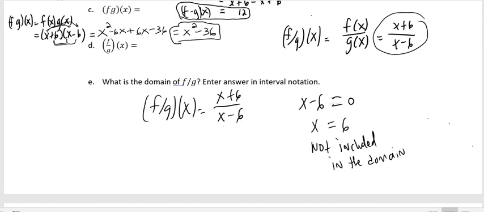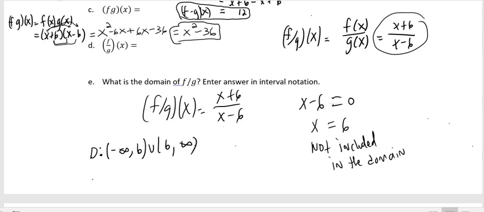So my domain is everything except for 6. How do I write that? Everything except for 6. Can I use the negative numbers? Yes, all the way to 6. And I'm going to use a parenthesis because I do not want to include it. And then I'm also going to include everything that's bigger than 6.